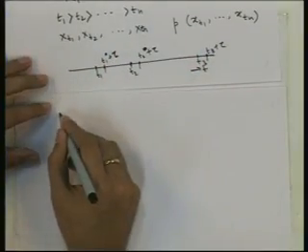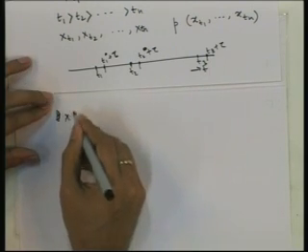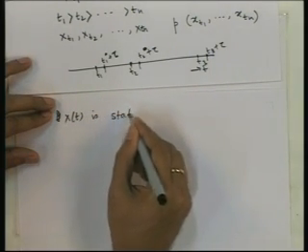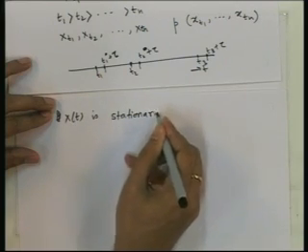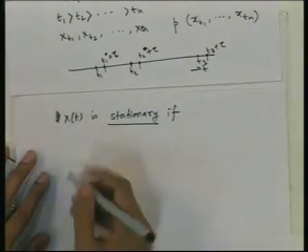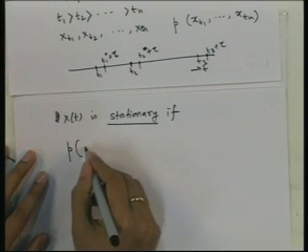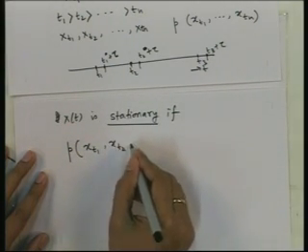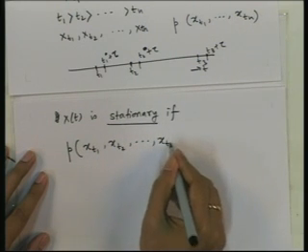So, in mathematical notation, x(t) is called stationary if P of x(t1), x(t2), ..., x(tn) is the same as P of x(t1 plus tau), x(t2 plus tau), ..., x(tn plus tau).